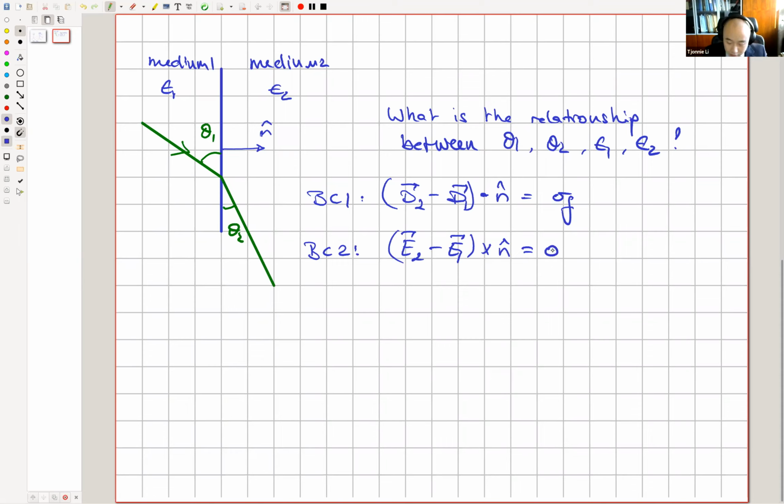Okay, so these are the two boundary conditions, and then the relationship between the angles and the various permittivities is relatively straightforward, because imagine I've got it at some angle, then in this case, the component normal to the surface is just given by D1 cosine theta 1 equals D2 cosine theta 2.